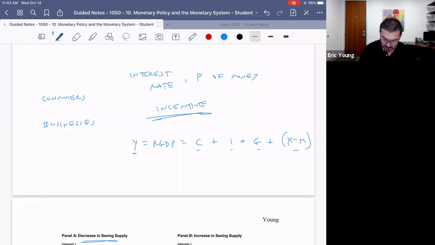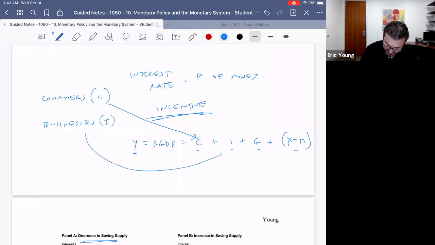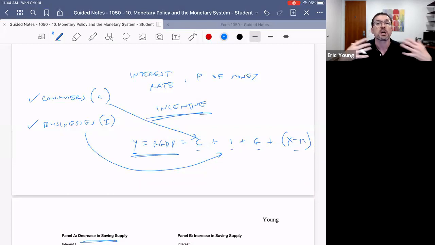And why is that? Well, because remember, it is consumer spending that is C. And it is business spending that is I. So together, consumer spending and business spending are a big part of a country's output, of a country's real GDP, of a country's production, of a country's wealth.